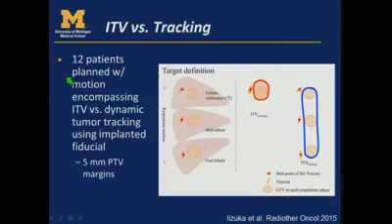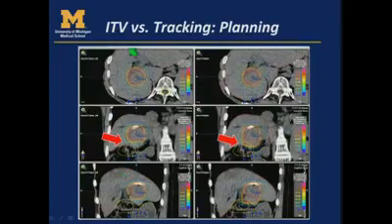This was a planning study and also a treatment study where they looked at 12 patients planned with a motion-encompassing ITV approach versus tumor tracking with an implanted fiducial. In both cases they used 5 millimeter PTV margins, and you can see the difference here in the treatment planning techniques.